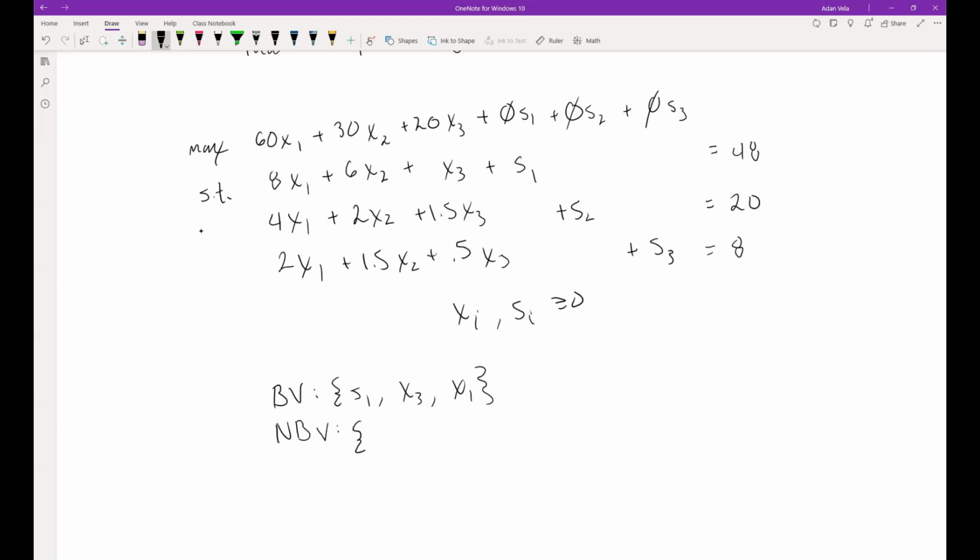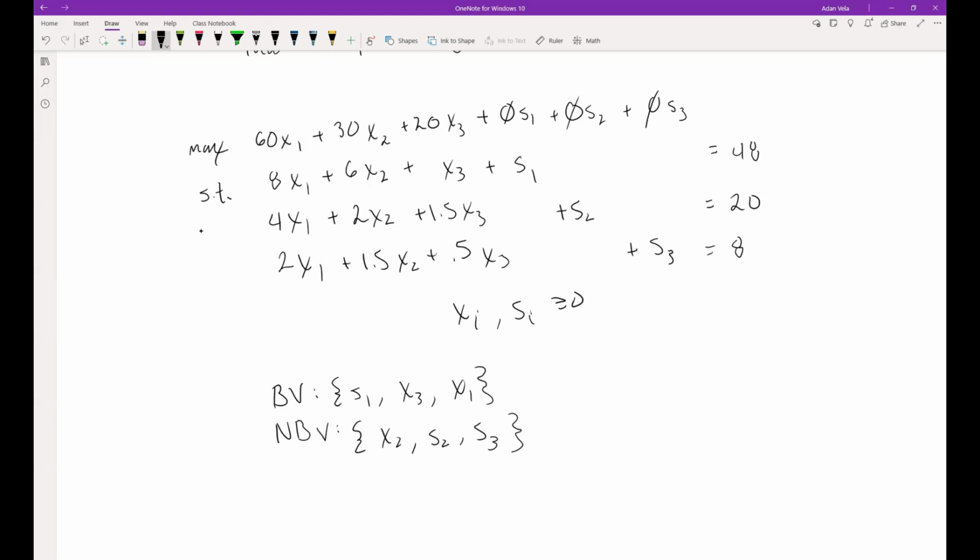So we'll put these down as X2, S2, and S3. You can order these as the set. The reason why I'm listing them this way is because this ended up being one of the solutions at one point to the example problem when we looked at a simplex table.